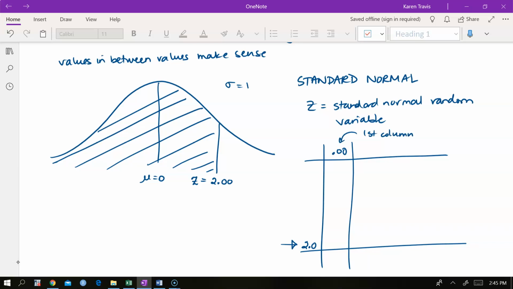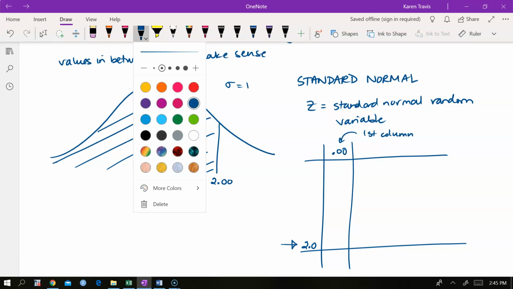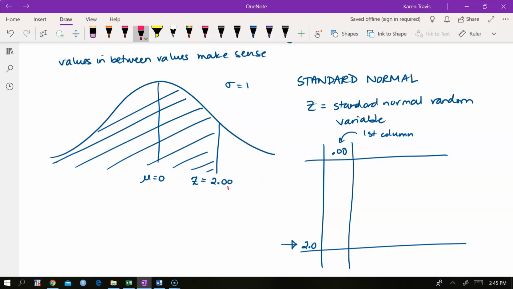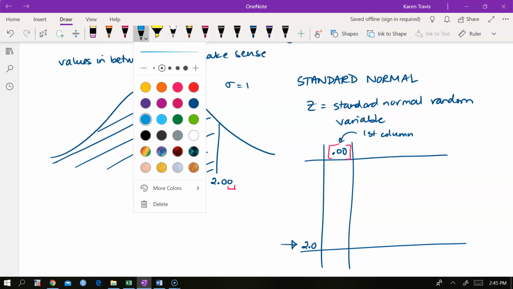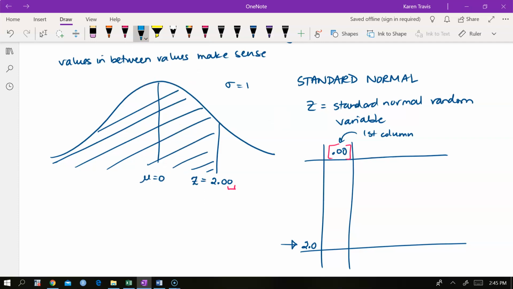So the columns represent the hundredths of the decimal place. So when I'm looking at this decimal place, it's corresponding to this. When I'm looking at the first 2.0 portion, that's corresponding right here. Okay, so if you look in your normal table, the value that falls here is going to be the probability for the left tail.